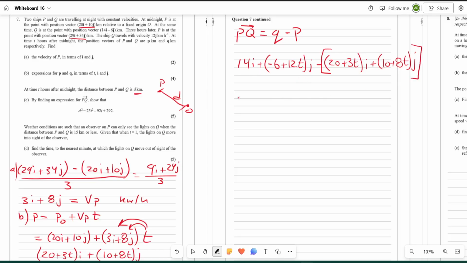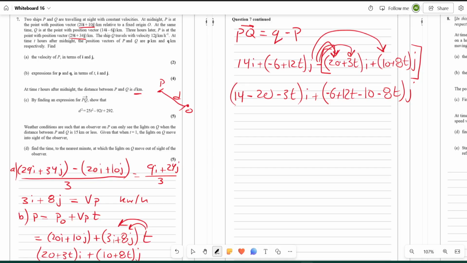So it's going to be 14 minus 20 minus 3t. That is going to be the i component. And then I'm going to have -6 plus 12t minus 10 minus 8t in the j component, because I distributed this minus into everything.